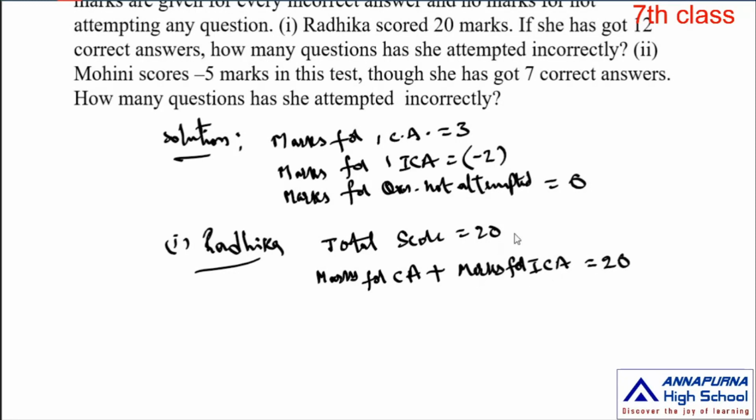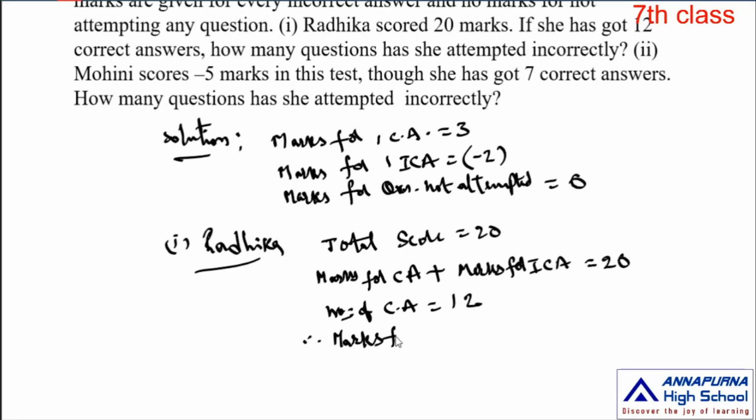Given that number of correct answers is how much? If she has got 12 correct answers, number of correct answers is equal to how many? 12. Therefore find the marks. How many marks did she get?